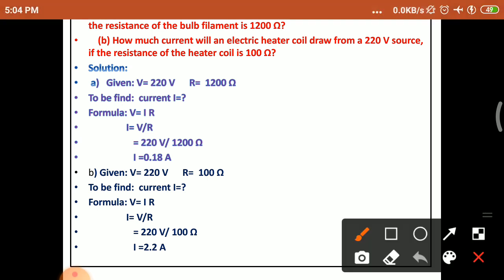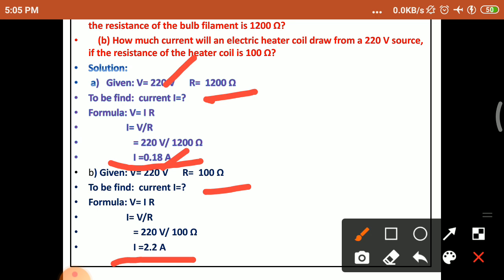Dear students, see here I equals 0.18 ampere and I equals 2.2 ampere. The voltage is the same in both cases, but the resistance is varying. When the resistance is more, the current is less. When the resistance is less, the current is more.